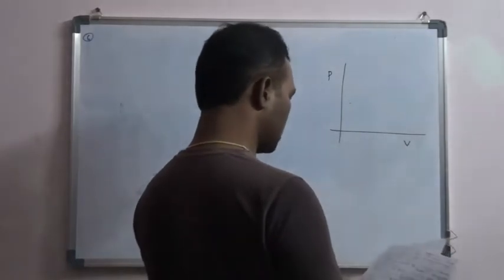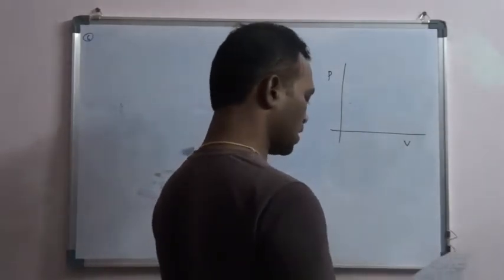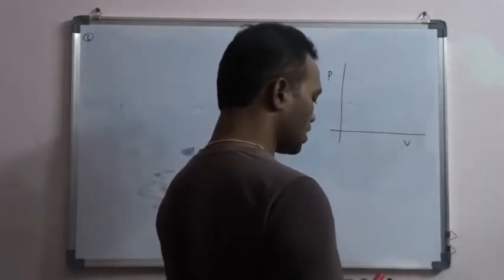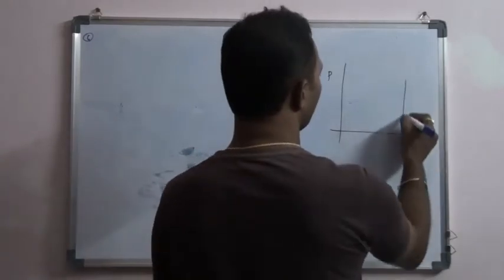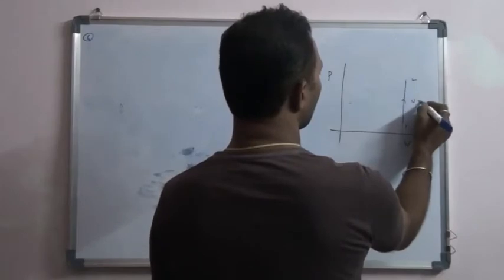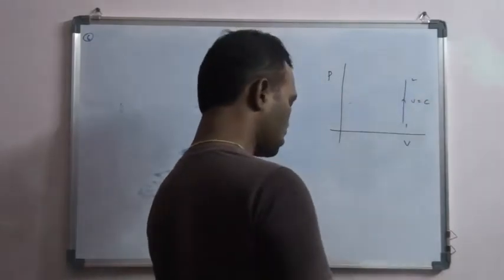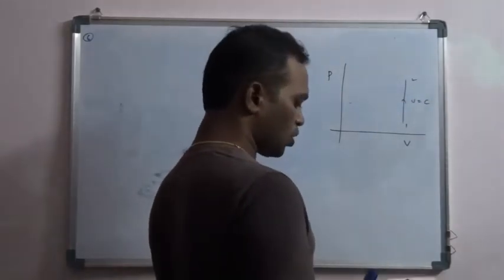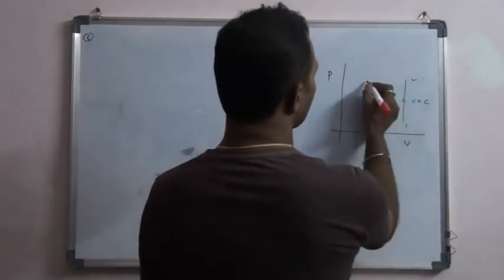Coming to this PV diagram, the process 1 to 2 is given as constant volume. Next, the process 2 to 3 is constant pressure.